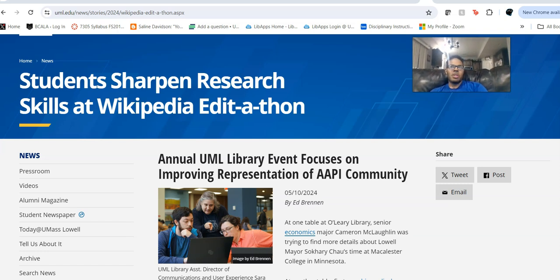But a lot of times what librarians will do is, instead of giving somebody Wikipedia as the source, they will use Wikipedia to get some background information, and a lot of times they will use some of the citations or the cited information in a Wikipedia article to kind of explain, okay, these are some of the useful sources, some of the reliable sources that you can actually use and take with you.